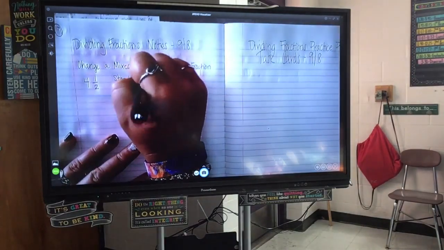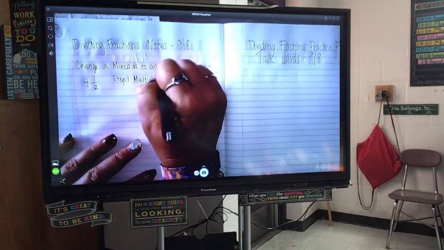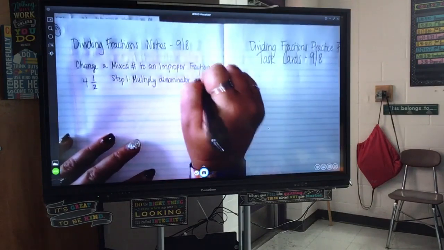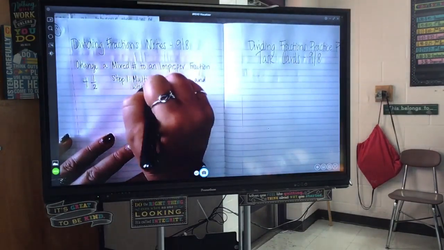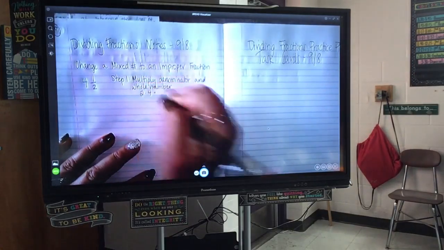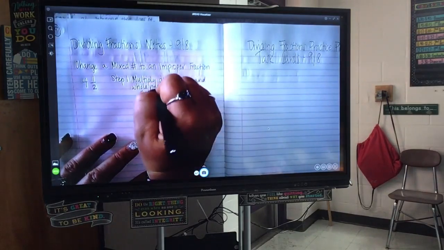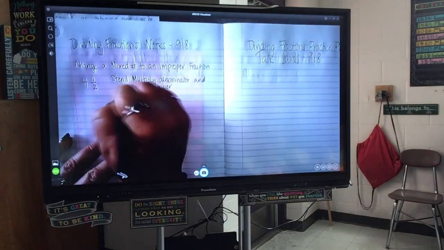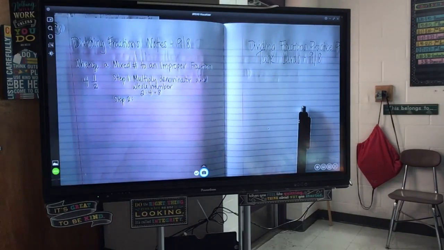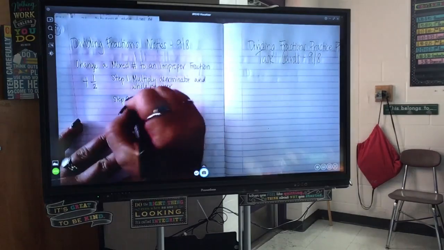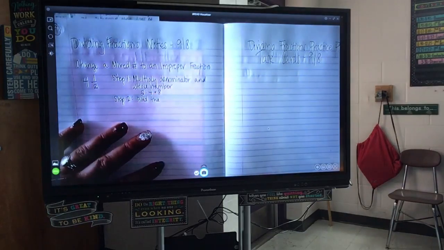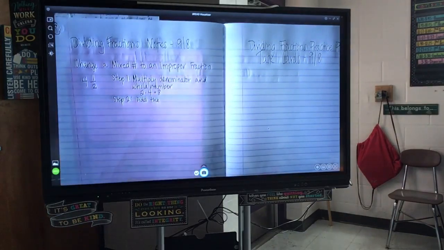So multiply denominator and whole number. So we're going to do 2 times 4, which gives us what? 8. Okay? Step 2. What is step 2? Add the numerator. No, you guys are skipping steps.